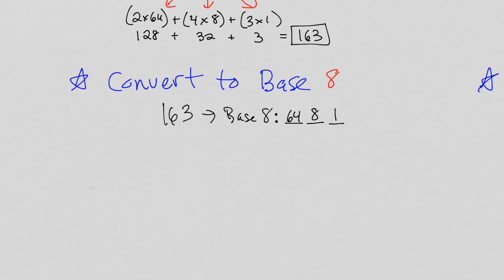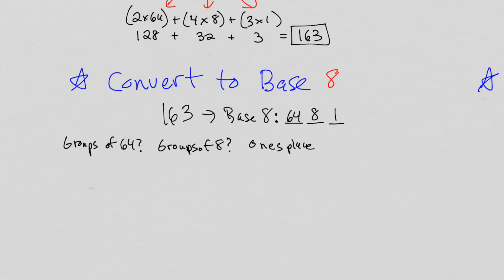We want to find out how many groups of 64 there are in 163. Then once we make groups of those, whatever's left over, we want to make groups of 8. And then we just have the ones place.